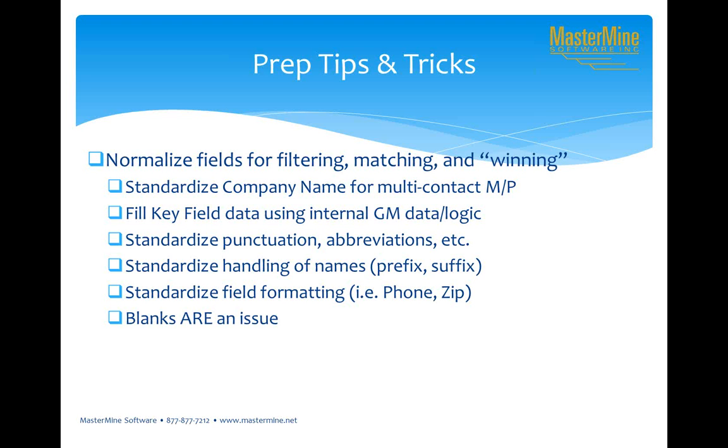In your own industry, you probably do have prospects that have a tendency to have similar words in the names. You're going to want to standardize on a particular way of doing that, and then use your MasterMine and your updater to make that standardization apply across the database.